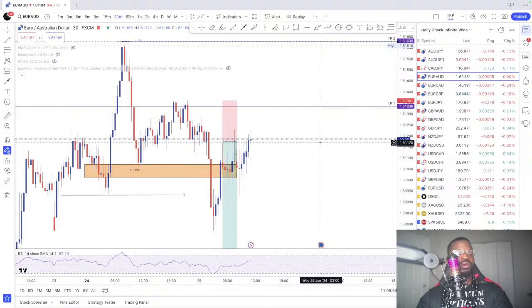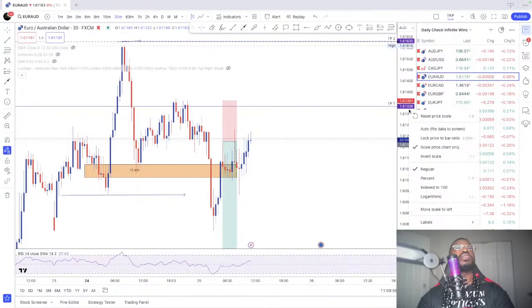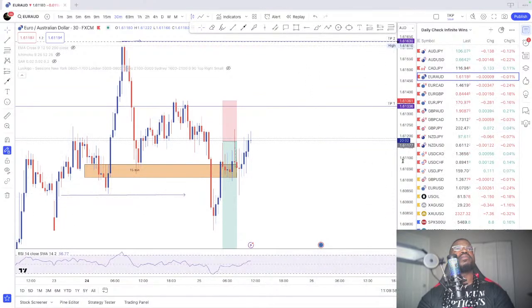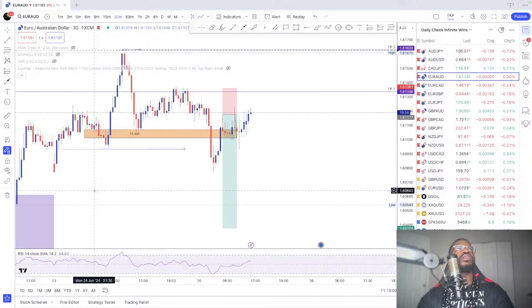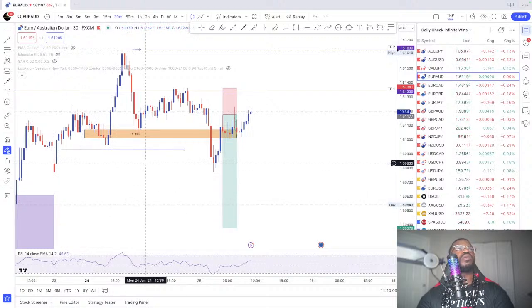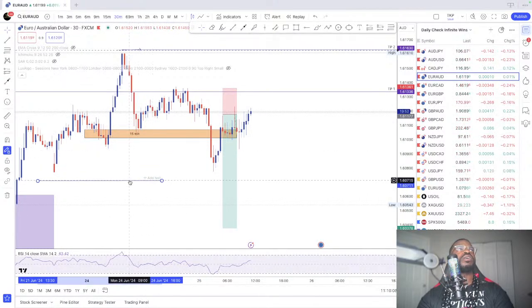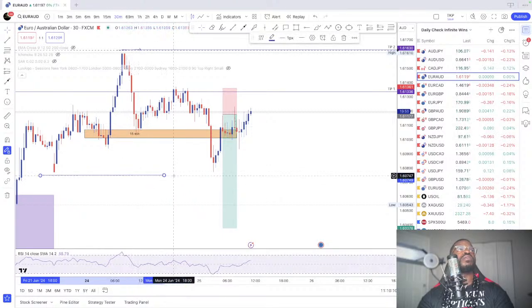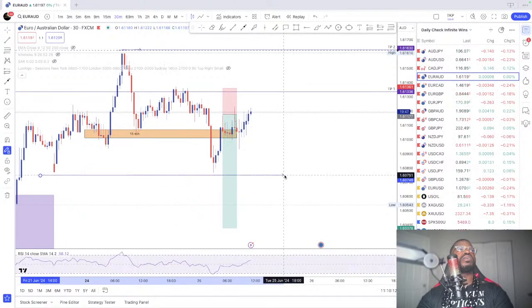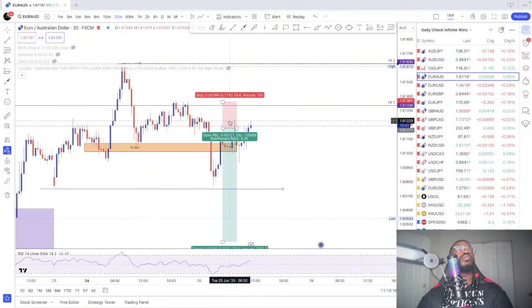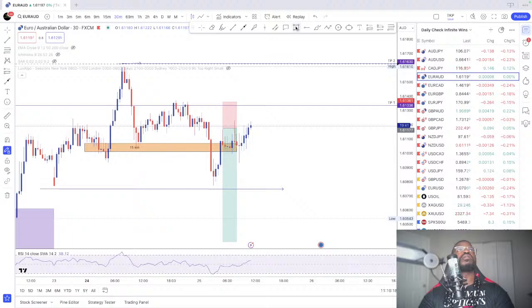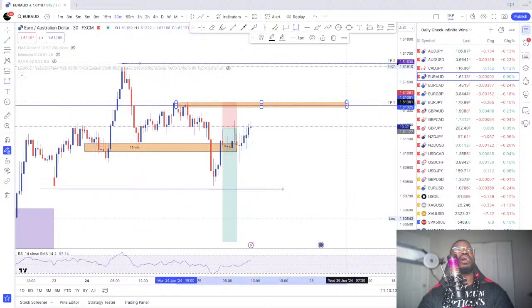What do you call it? Break even? Let's see what price prints right here. Came down to retest this low. Let's see if it breaks above this high here.